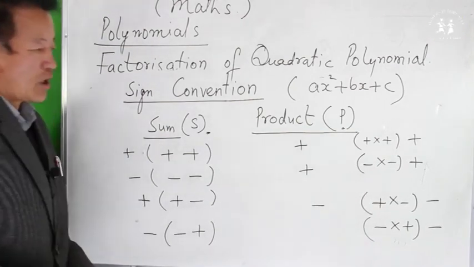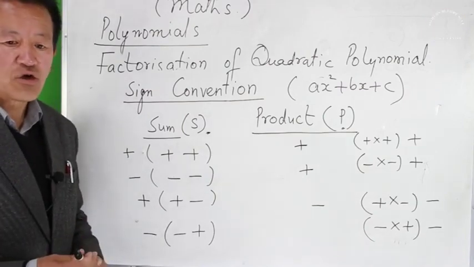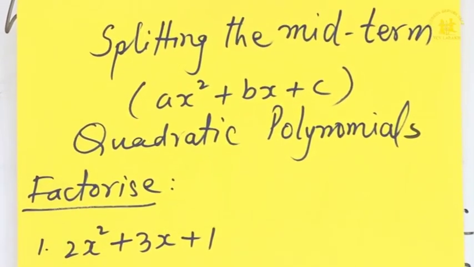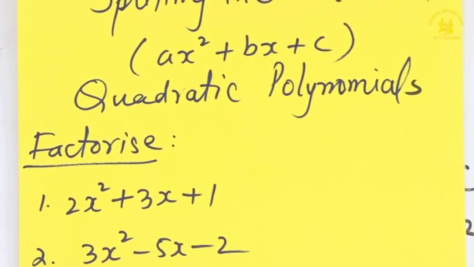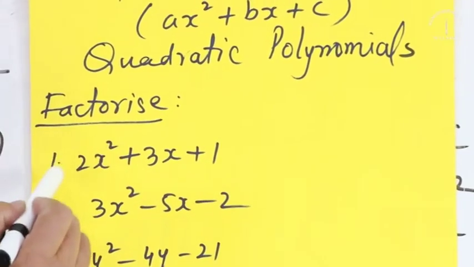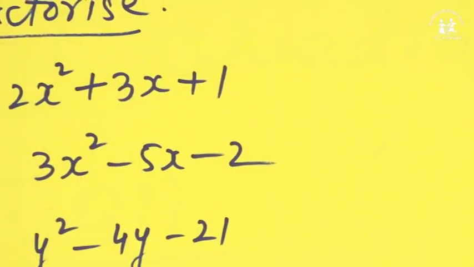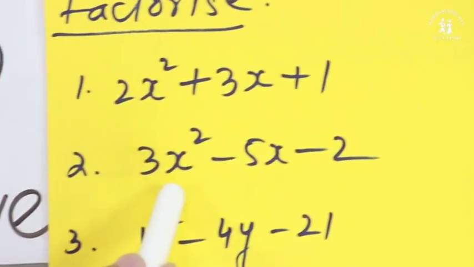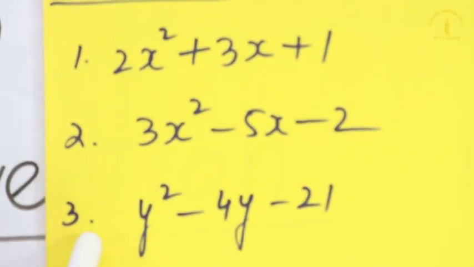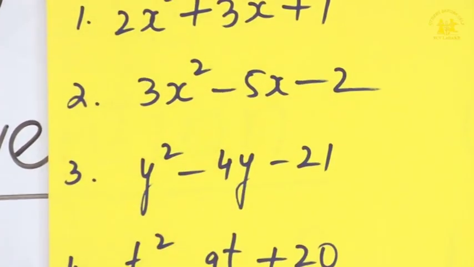So to conclude, I have some work for you. Here I've given 7 questions for your assignment. Question number 1, 2x squared plus 3x plus 1. Question number 2, 3x squared minus 5x minus 2. Question number 3, y squared minus 4y minus 21.